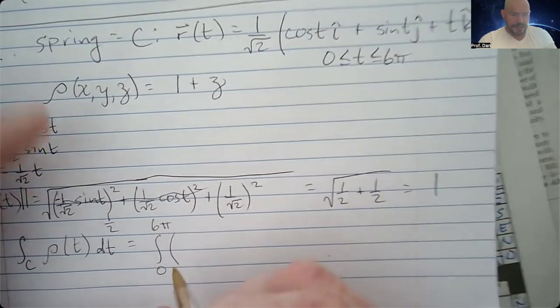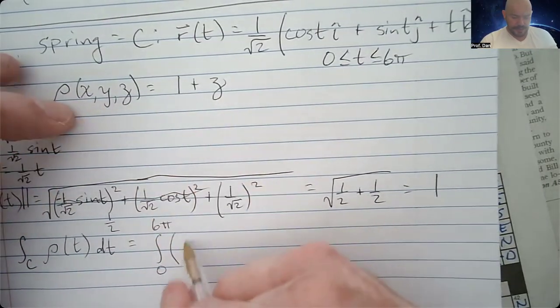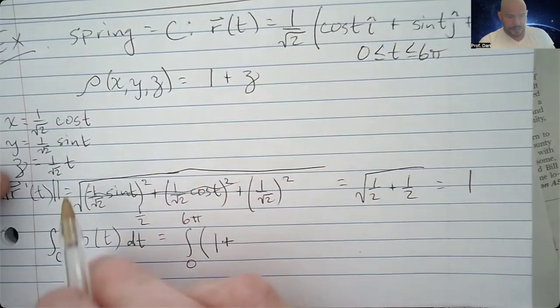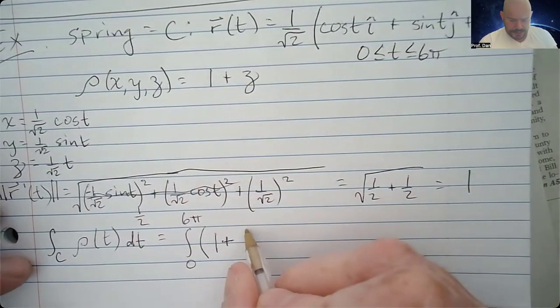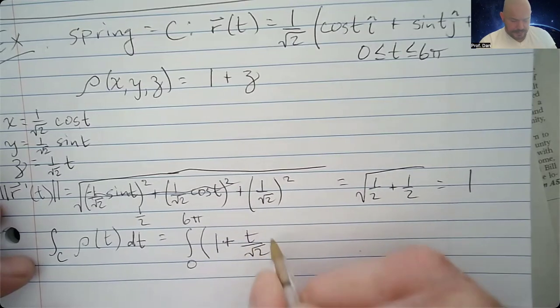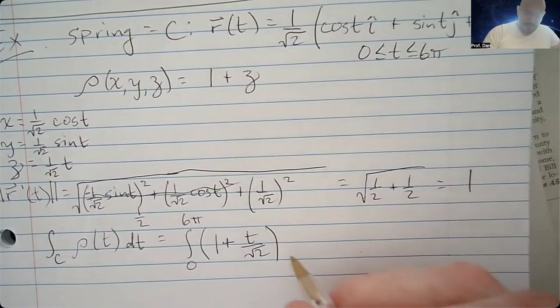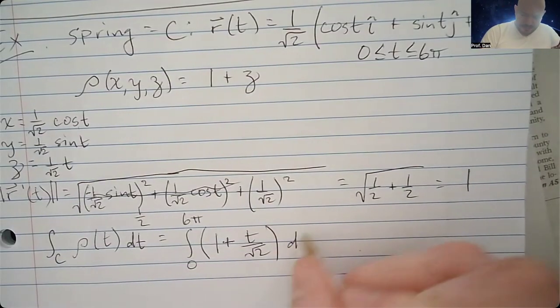All right, and then we're integrating rho, so that'll be 1 plus z, okay? But we're going to replace the z with our parametric equation, so 1 over square root 2 times t. And then multiply by 1, which won't change anything, dt.